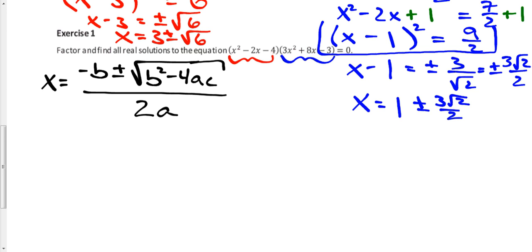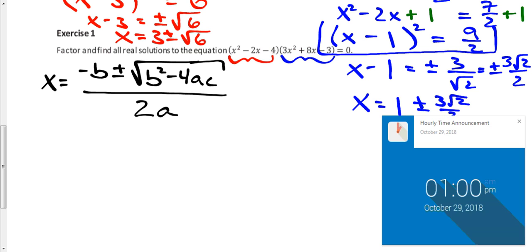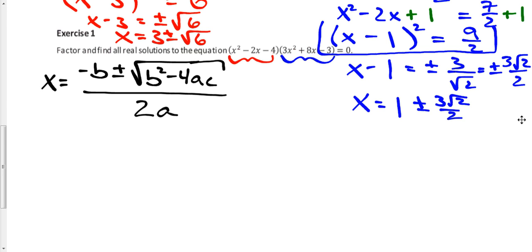Who remembers this? Oh, yeah. Completing the square or the quadratic formula? So, there is a song apparently.